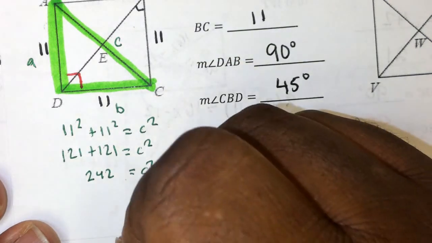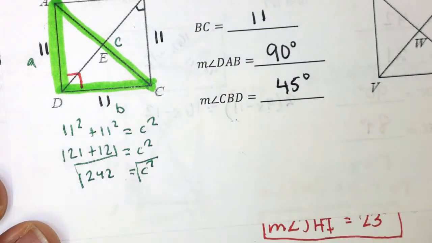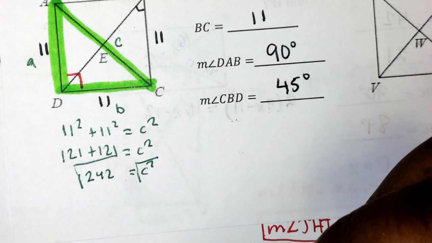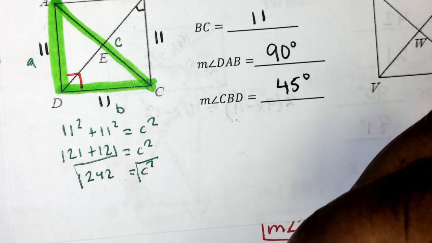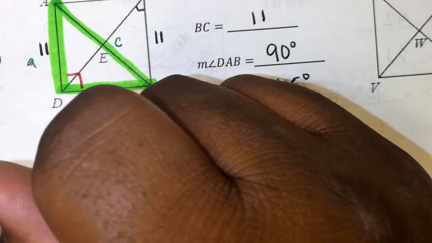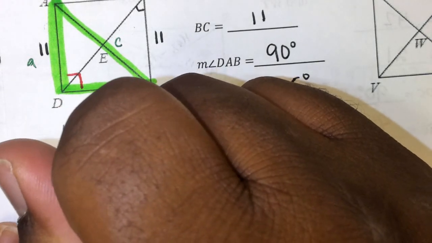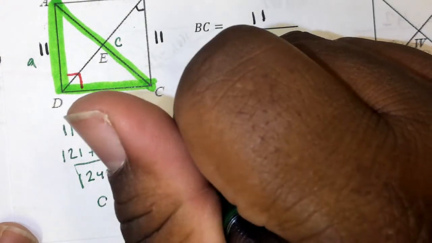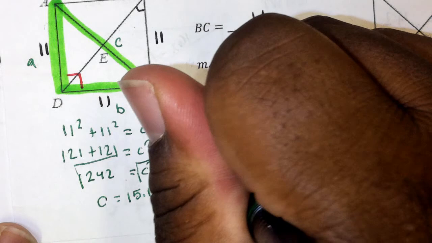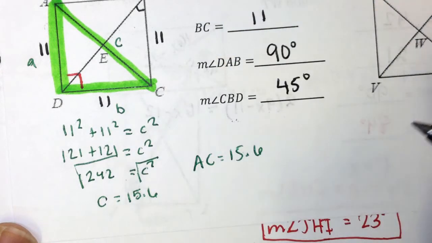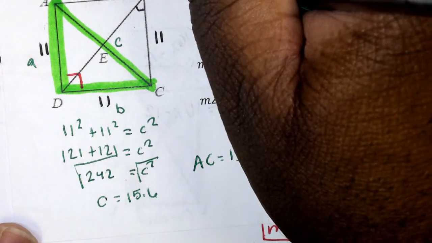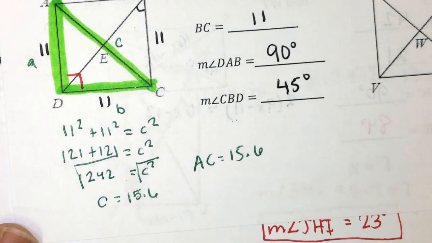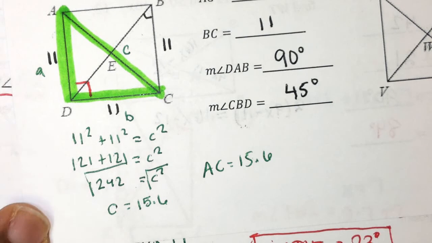C squared, square root. I forgot what that decimal was. C equals 15.6. So if C equals 15.6, in turn AC equals 15.6. There it is. Once again, y'all just need to be able to identify it so you know when to use it.